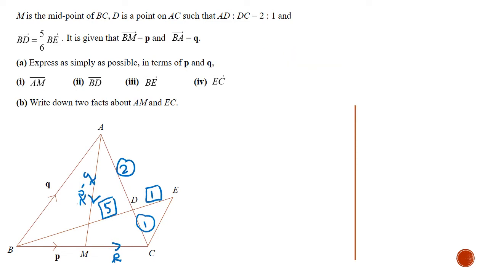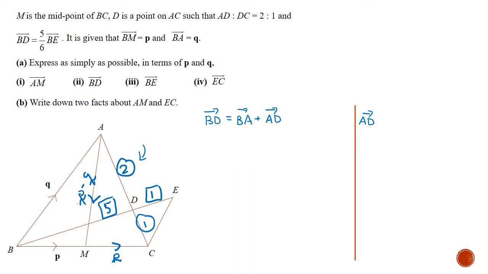We will once again look for the most direct path from B to D. One way to do that is to go from B to A and A to D. We realize that we have vector BA in terms of Q, but we do not have vector AD in terms of P and Q. Whenever we do not have the vector, we can look for it as long as the ratios are given in the question.